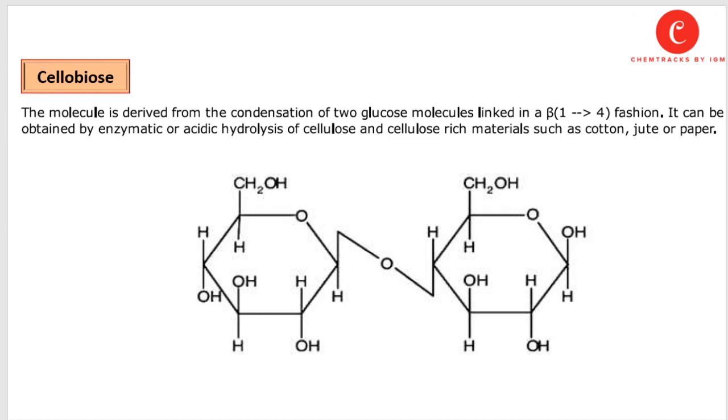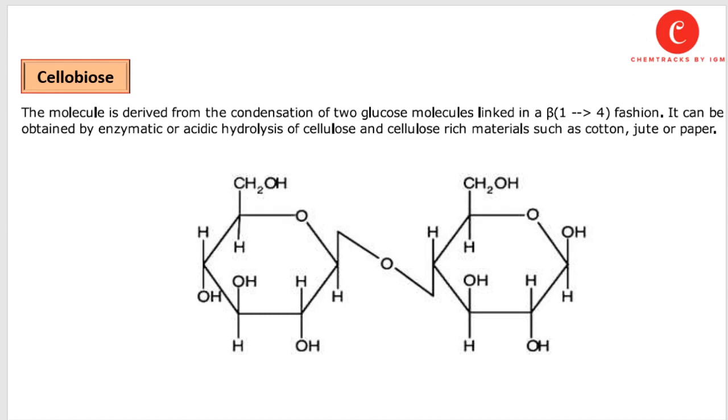The next example of a disaccharide is cellobiose. The molecule is derived from the condensation of two glucose molecules linked in a beta 1,4 fashion. So this is the difference between cellobiose and maltose.